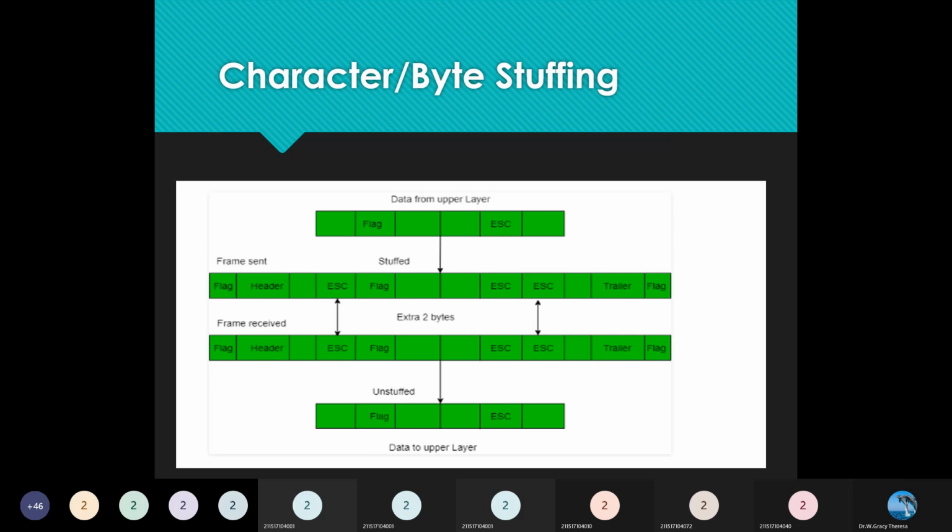What is the solution for this confusion? For that we go for these two types: character byte stuffing and bit stuffing.